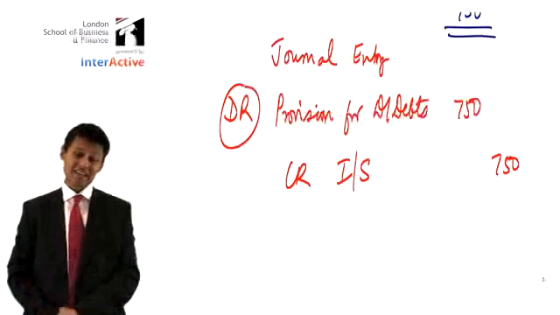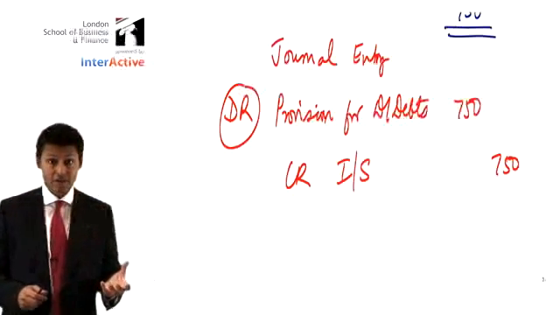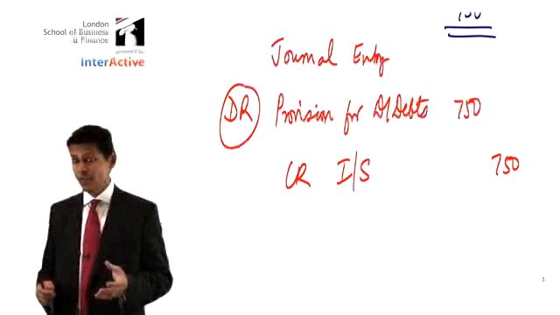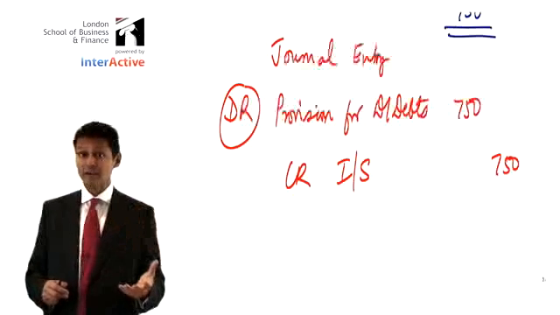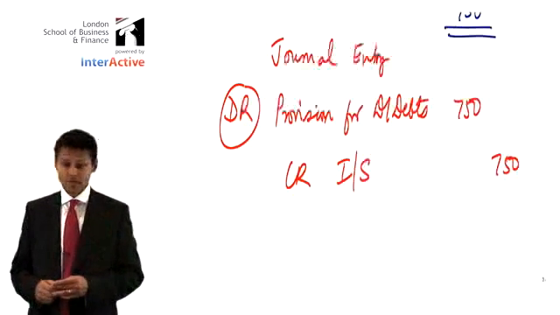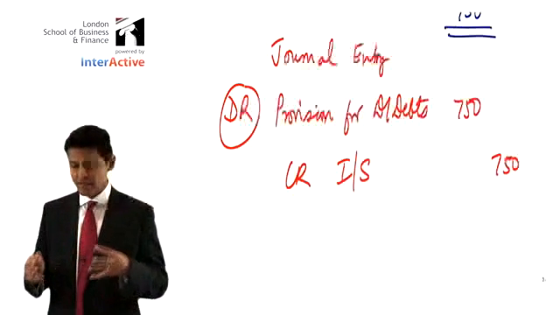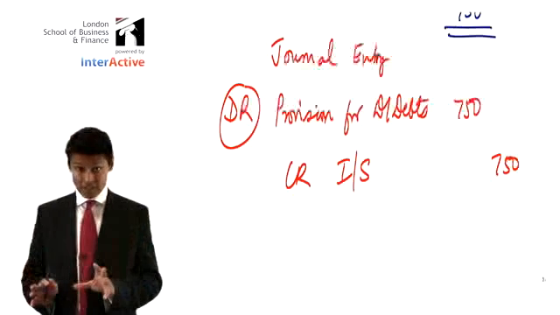The way I understand it, I suppose, is last year we provided 7,500. This year we don't need as much. So whatever last year suffered, we put back a little bit to income statement. But remember, the 750 is in respect of new information that has come to light this year.